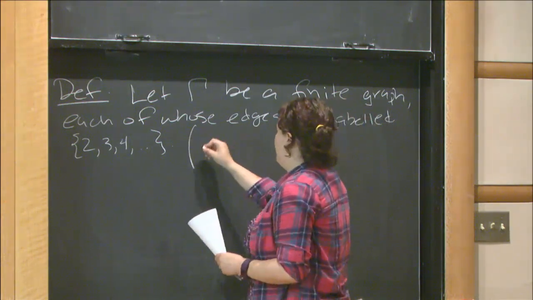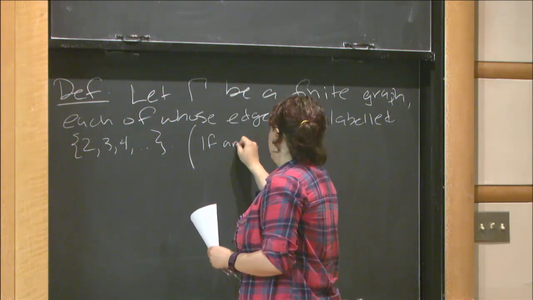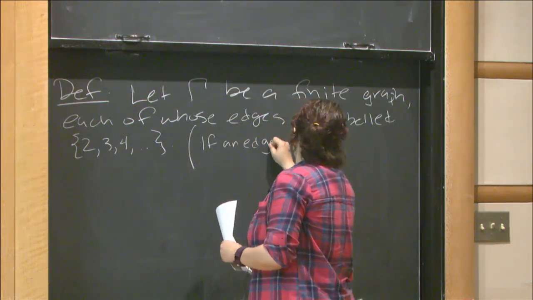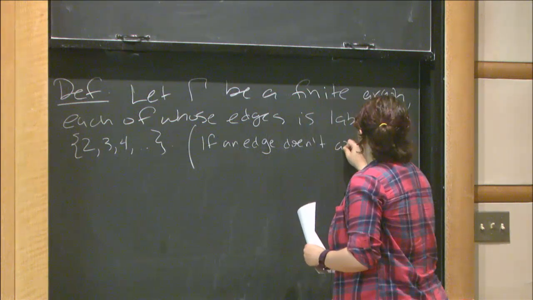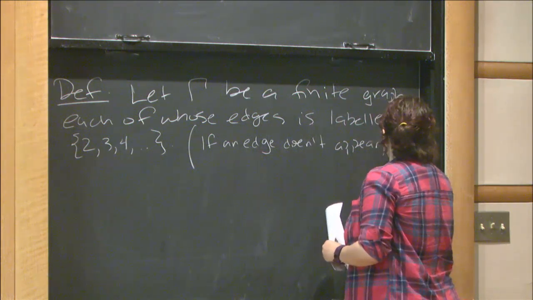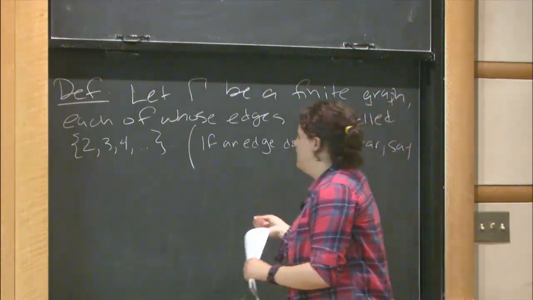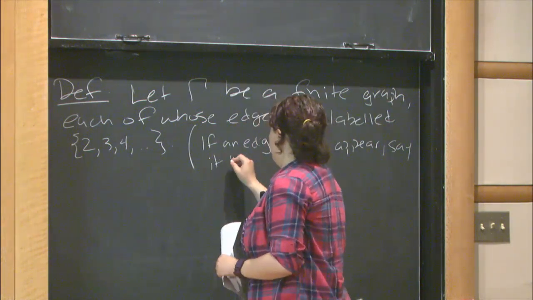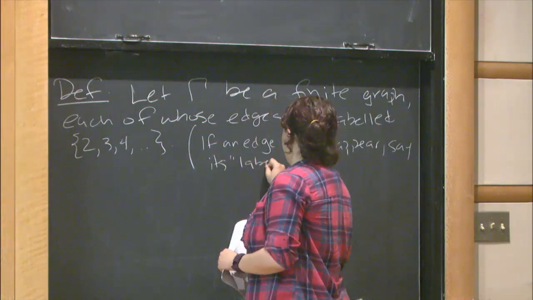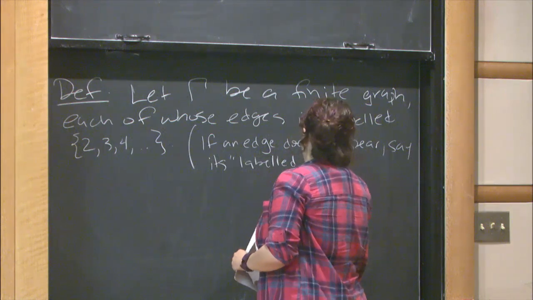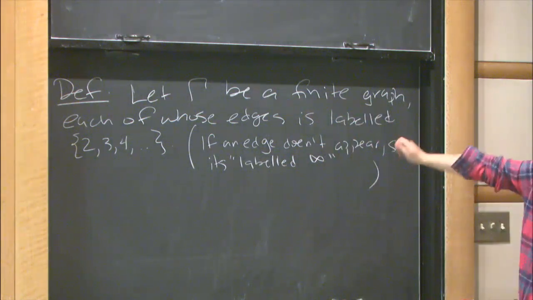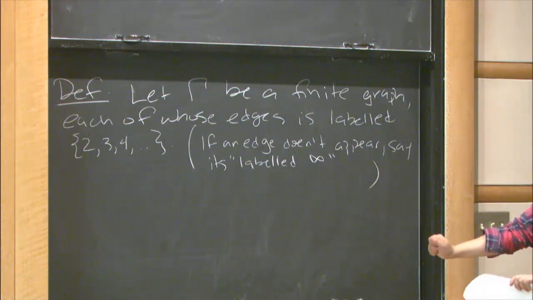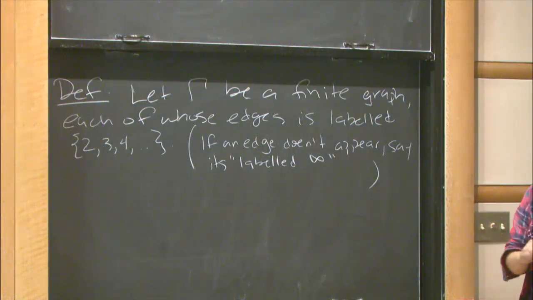So if an edge doesn't appear, we'll say it's labeled infinity. Sometimes I will refer to edges not being in the graph, and sometimes refer to edges being labeled infinity, and those mean the same thing.